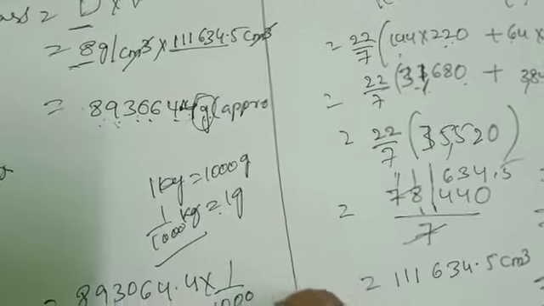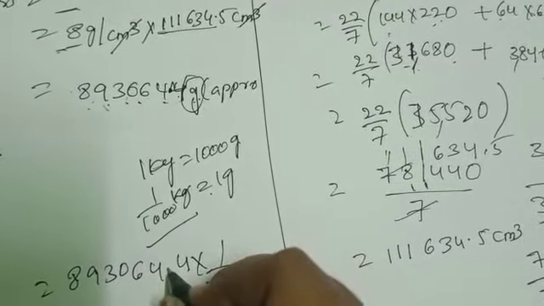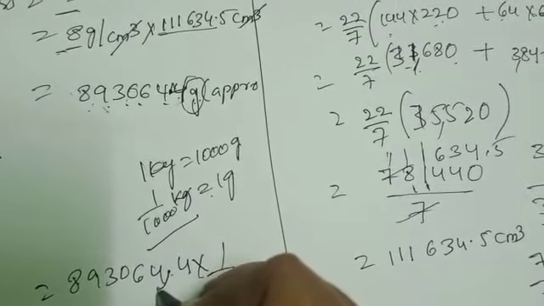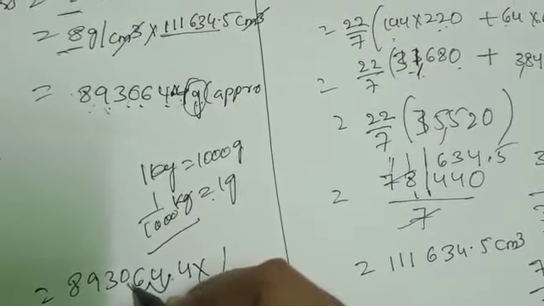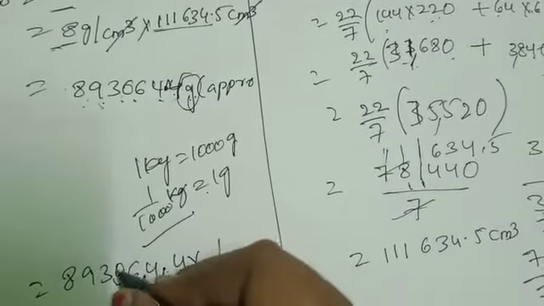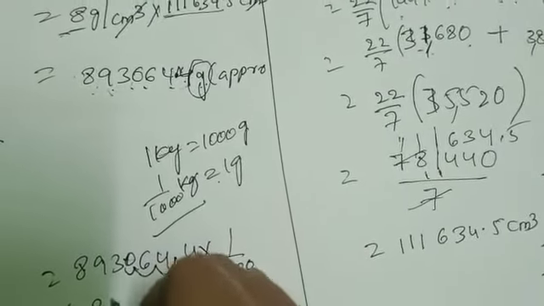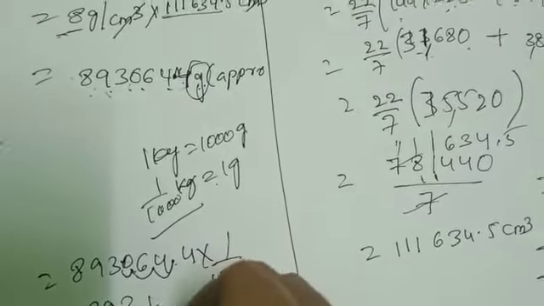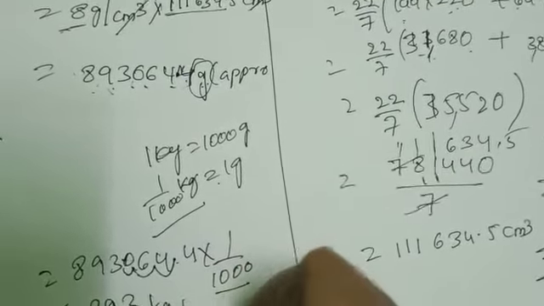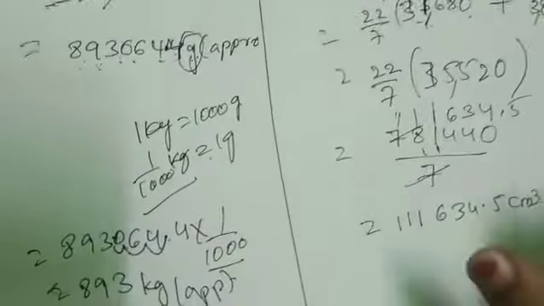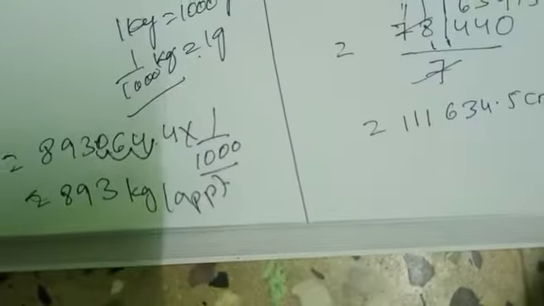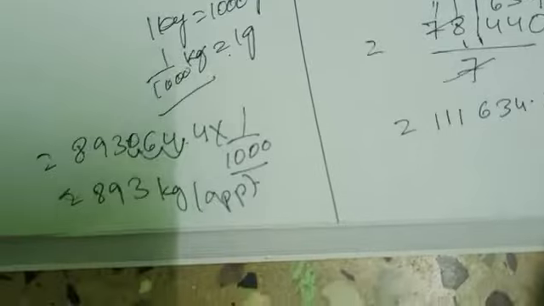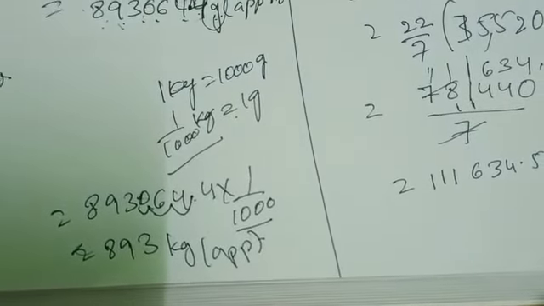In denominator 3 zeros, so the point moves 3 places, which is equal to 893 kgs approximately. Okay, therefore mass of the solid equals 893 kgs.